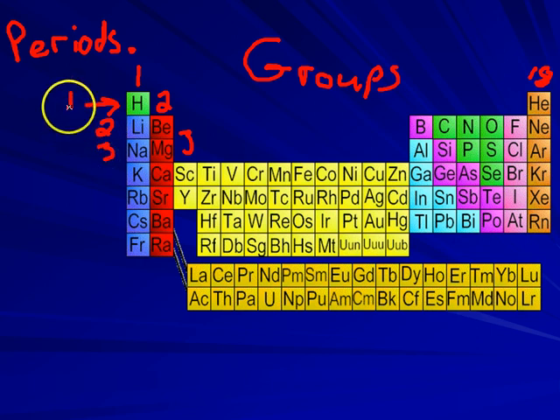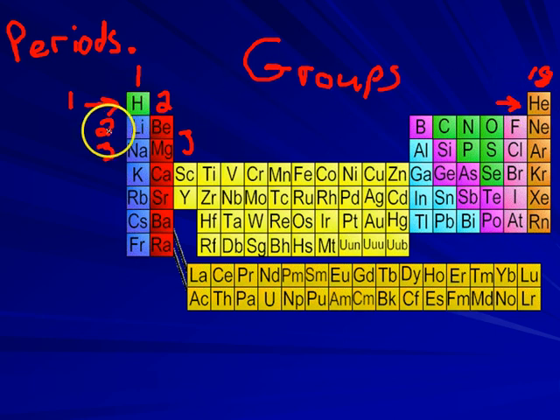And the reason why I'm reminding you of this is everything in this row, both hydrogen and helium here, have the same outer shell. For example, hydrogen will have 1 electron in the K shell. Helium has 2 electrons in the K shell.